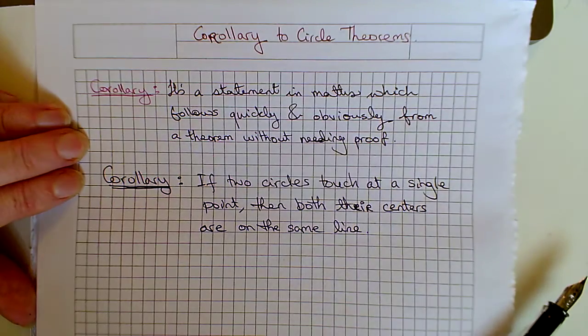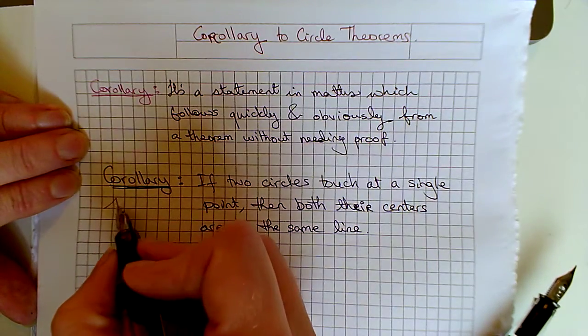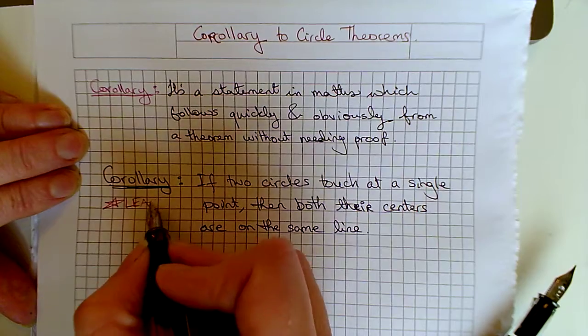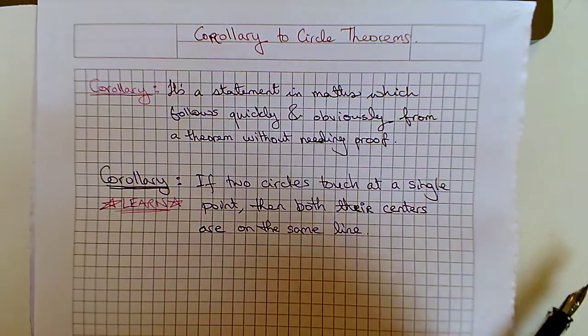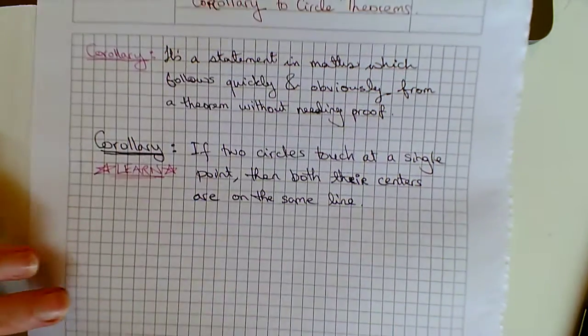So again, that is one that is important for us to learn. You need to learn the statement of that. And let me show you with a diagram what that means.